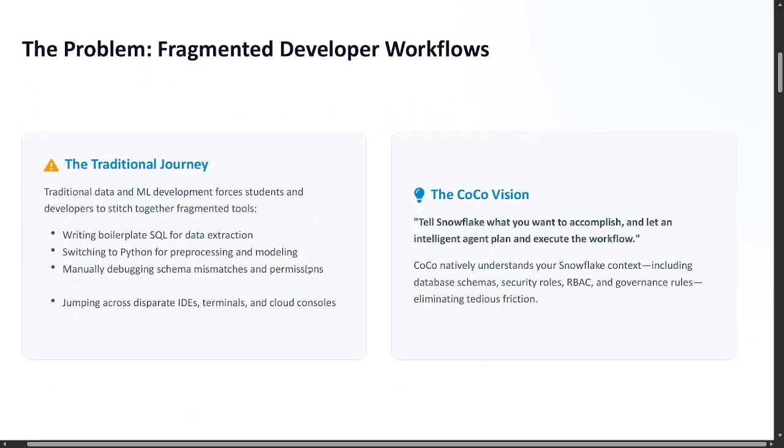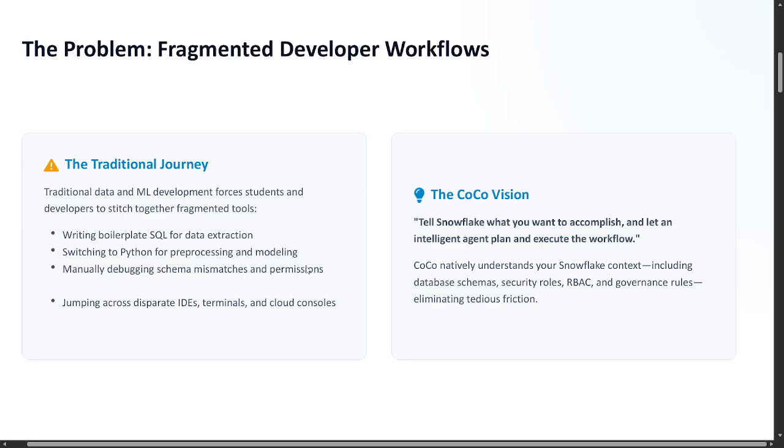Okay. Now, first of all, there is a problem that every developer will face, right? To understand why CoCo is a game changer, we need to take a look at why it was necessary. Traditionally, developers are constantly context switching.